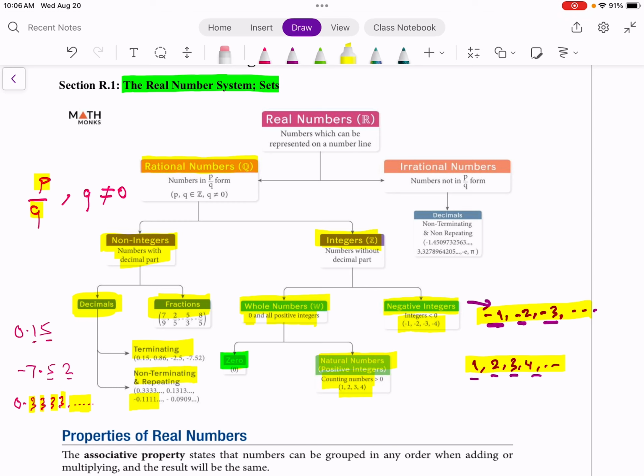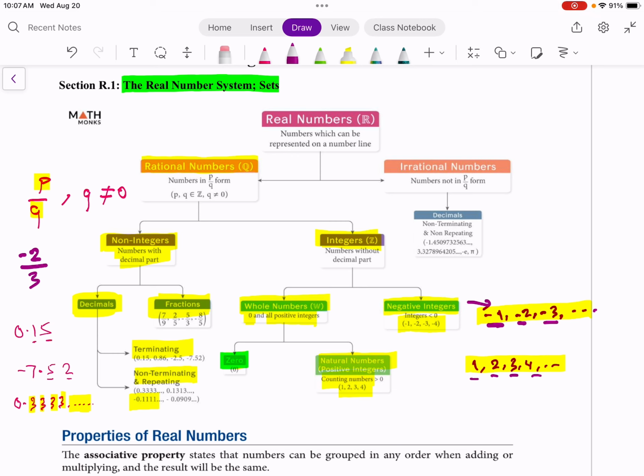For example, let's take a number -2 divided by 3. Now, is this number a rational number? What do you think? Is negative 2 over 3 a rational number? Now we compare this number with this form. What is our q for this case? q is 3, right? Now, is that 3 equal to 0? That is not equal to 0, so this is good.